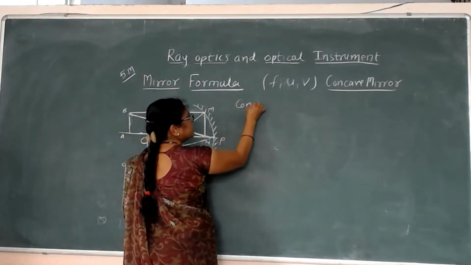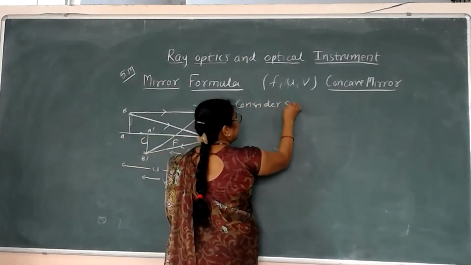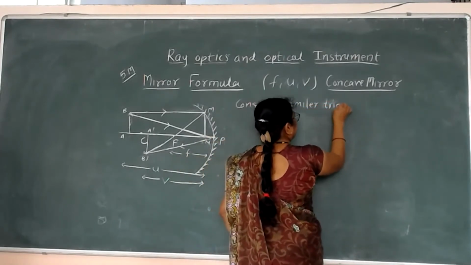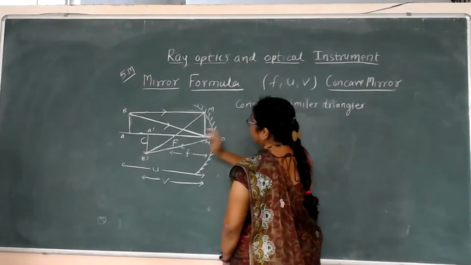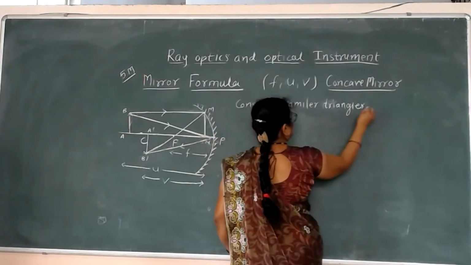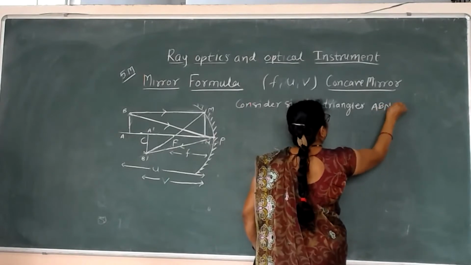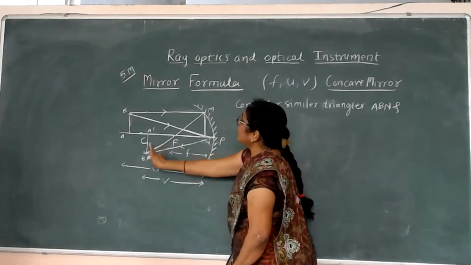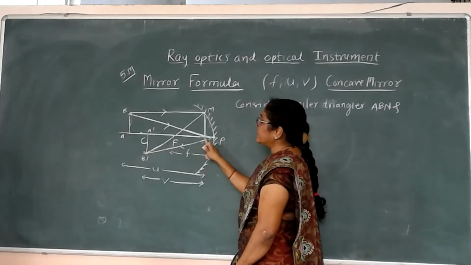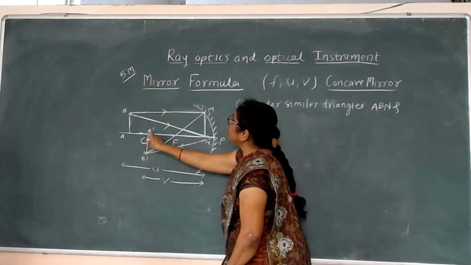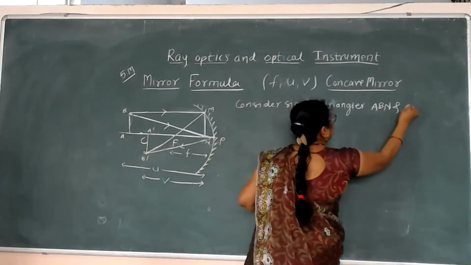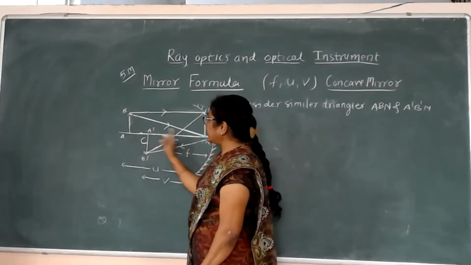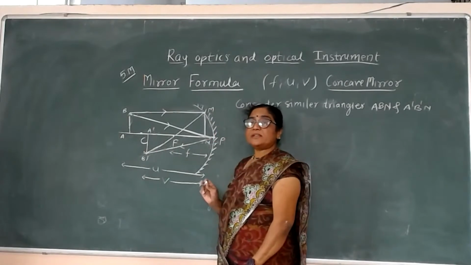Consider the similar triangles. Those similar triangles are ABN, and the other triangle is A dash B dash N. Consider both similar triangles and compare the similar sides.